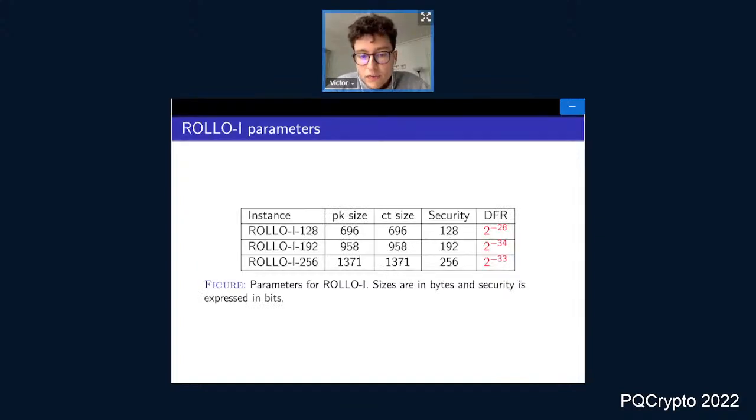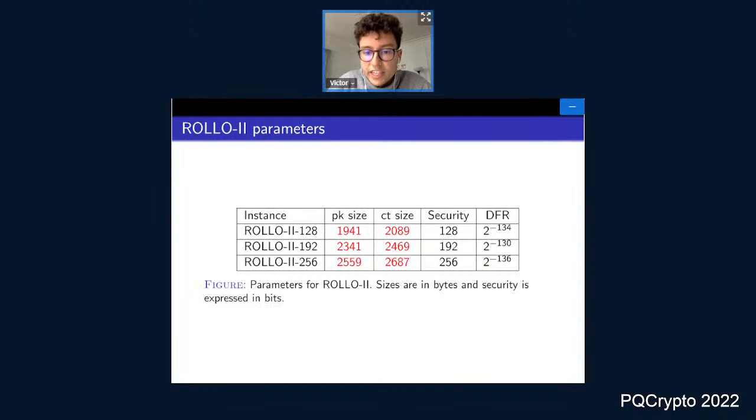So the problem of that framework is that the rank support recovery algorithm has some failure rate in the decapsulation. And so in Rollo, which is the NIST candidate based on LRPC cryptography, in Rollo, if you want to have competitive parameters, so it's the Rollo 1 flavor, your decoding failure rate is quite large, around 2 to the power minus 30.